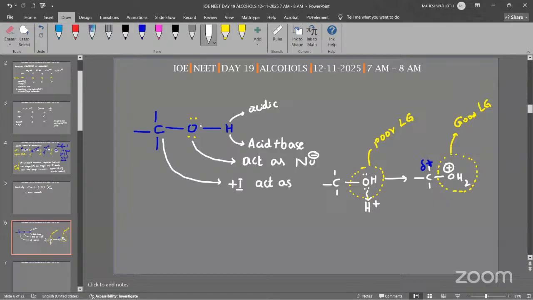Due to more polarity of the oxygen hydrogen bond, as hydrogen is bonded to more electronegative oxygen. Therefore, hydrogen is acidic. When it is acidic, acid base reaction takes place. So we can observe three types of reactions: acid base reaction, nucleophilic reactions, and electrophilic reactions. Now let us see the reactions.